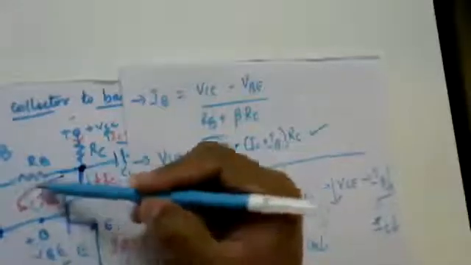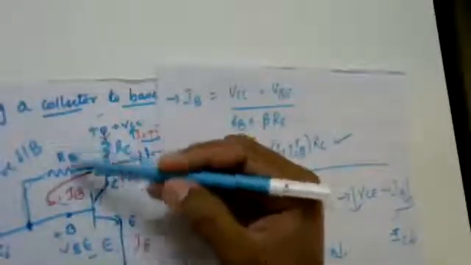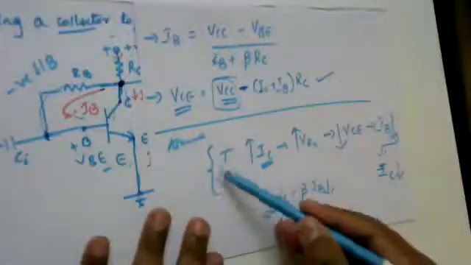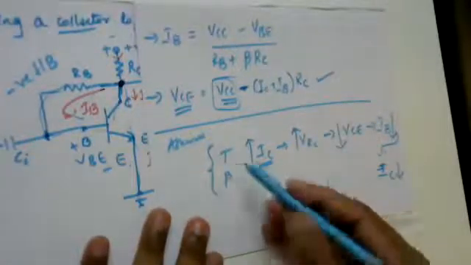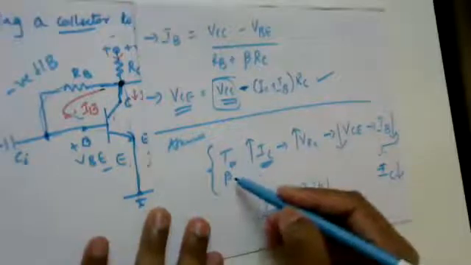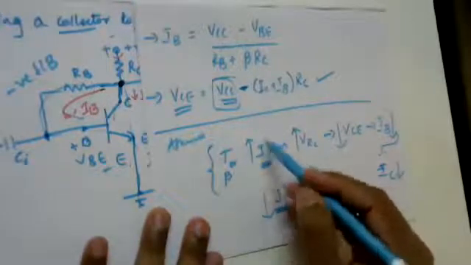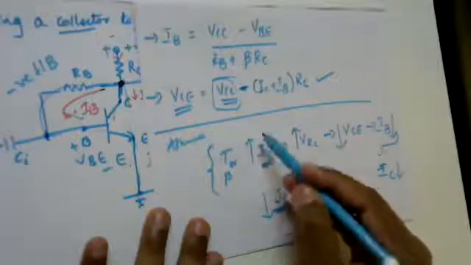Very, very important topic: how your base resistance RB is going to provide a negative feedback in a circuit. Initially I am assuming that because of some variations in the temperature or beta, there is a rise in current IC which has been observed.